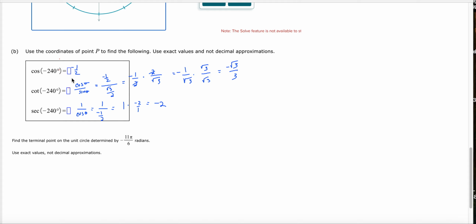So remember, it's important to really remember all of those reciprocal functions. We had 2 reciprocal functions there. So remember that cosecant is the reciprocal of sine. So we looked at it as hypotenuse over opposite, but you can also think about that as 1 over whatever sine is.